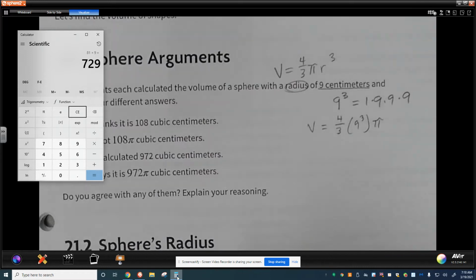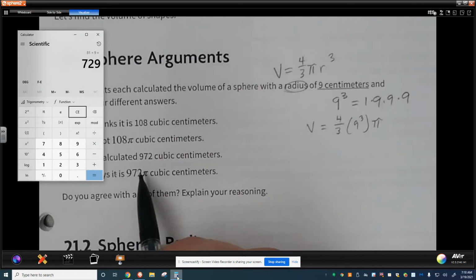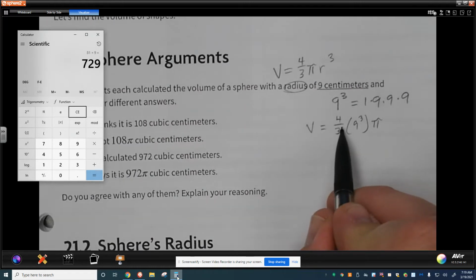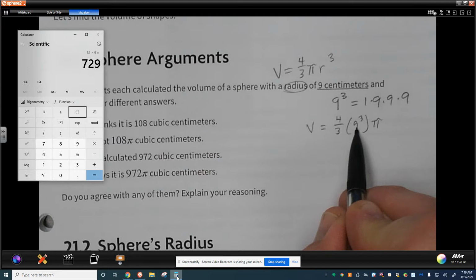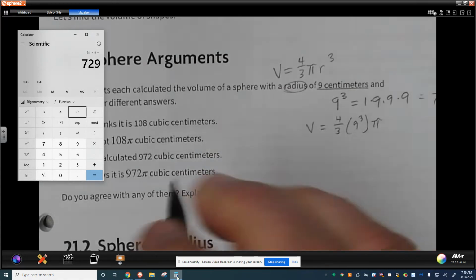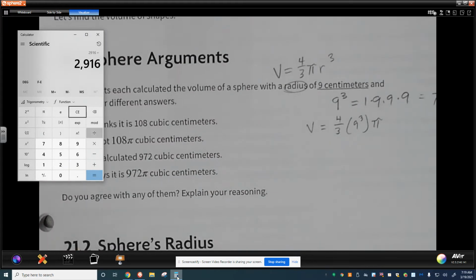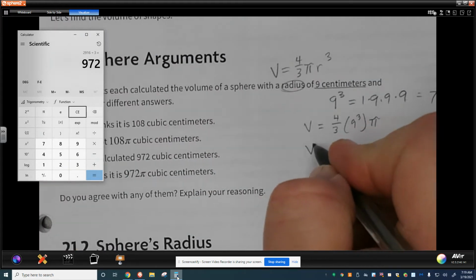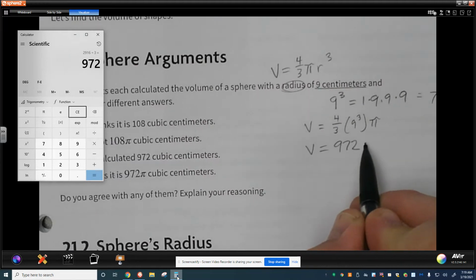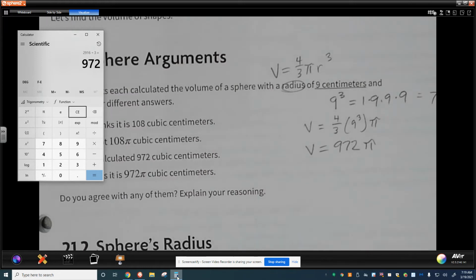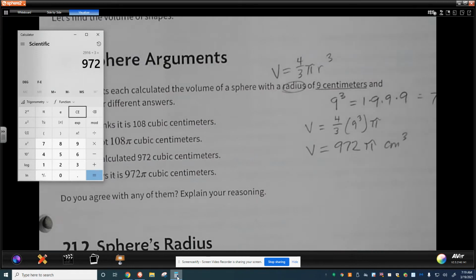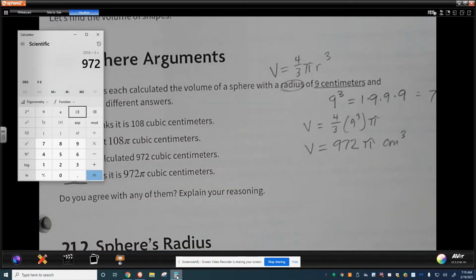I'm not quite to my value of 972, but I am to this point where I can multiply this value, 729, 9 to the third power, by 4/3. So I can multiply this times 4 and divide by 3, and I get 972. That's just the product of these two values right here. So clearly, Tyler forgot to multiply by pi. This value would be 972 cubic centimeters. May is the one that got it.